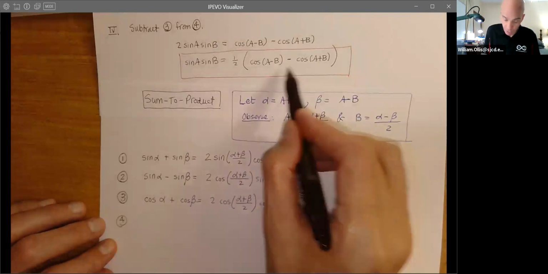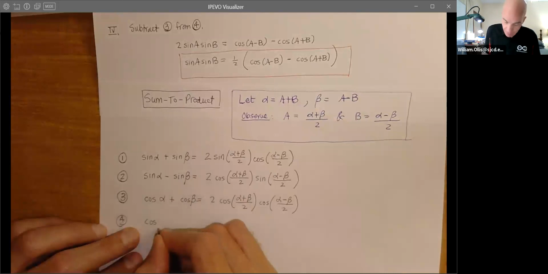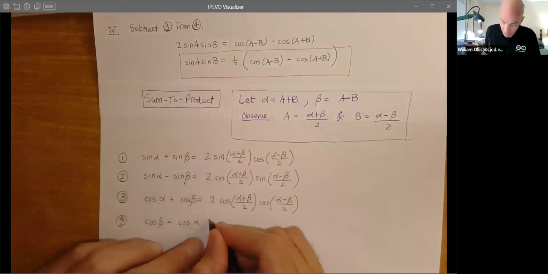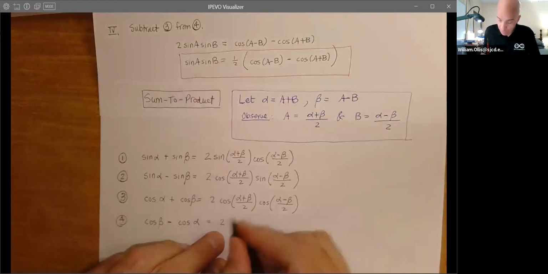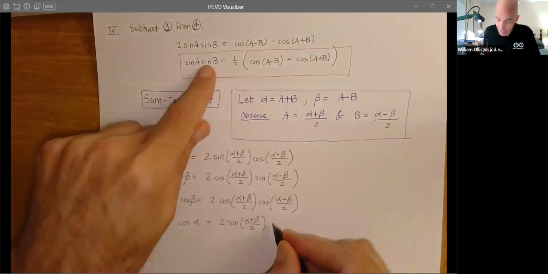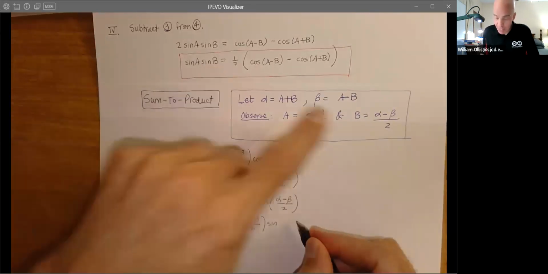Notice they're switched around. So we have cosine beta minus cosine alpha equals, now multiply by 2, sine alpha plus beta over 2 times sine alpha minus beta over 2.